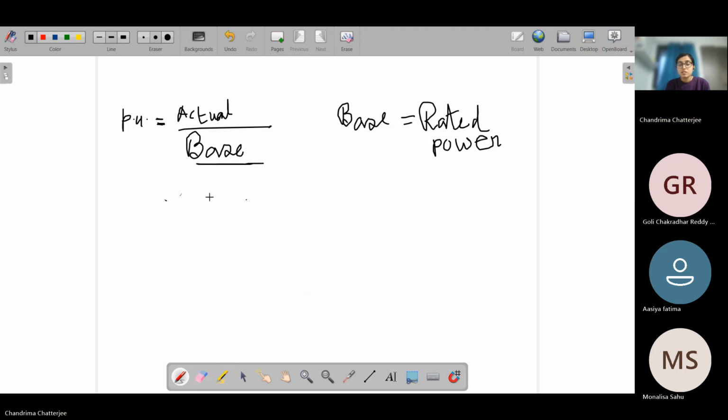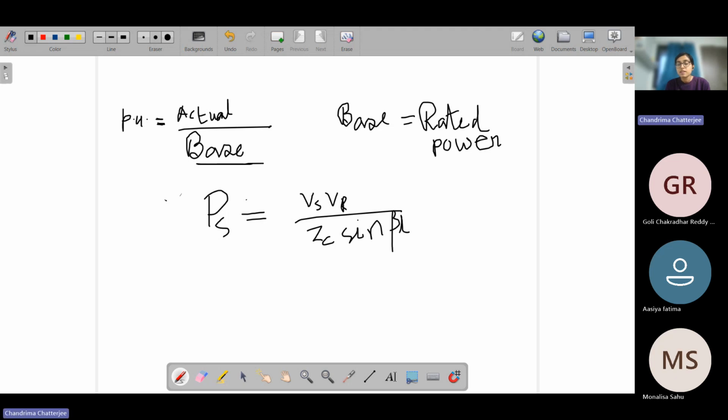So the same expression that we used earlier, PS or PR, the same thing. This is PS, PR by ZC sine beta L times sine delta. And the delta is specified 30 degree.